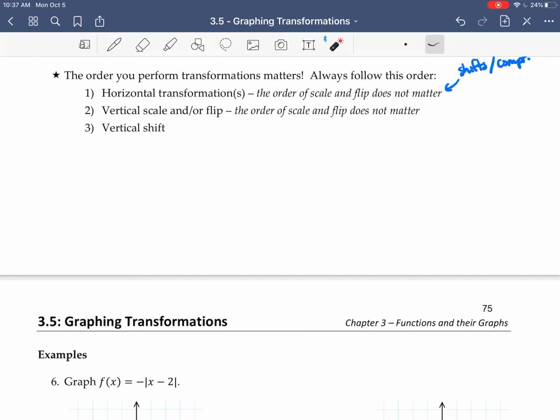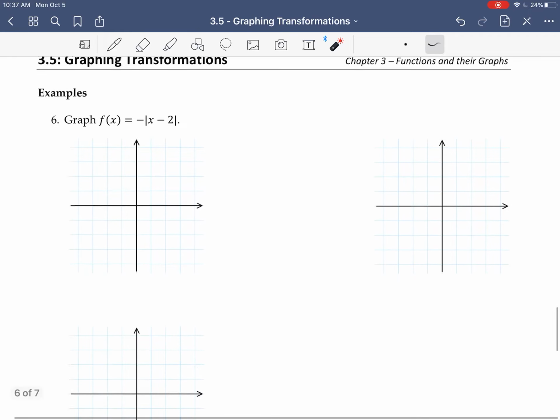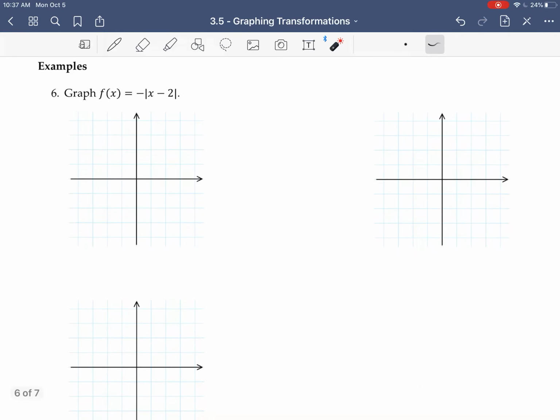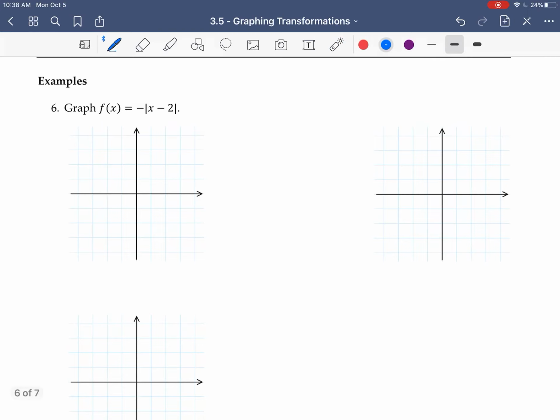So let's do this example. Here, what we start with is obviously the absolute value function, and then we've transformed it.